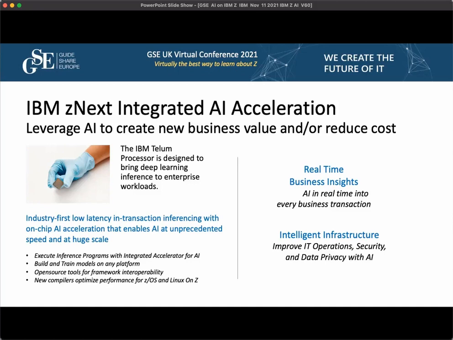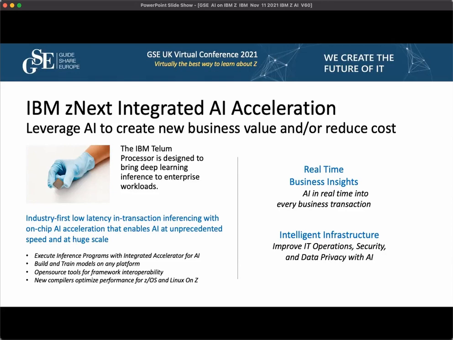So as I said before, we've designed this accelerator for low latency, high throughput workloads. So you, our clients, can leverage AI in real time in workloads that have the most stringent SLAs, such as real-time in-transaction inference for your transactional workloads.